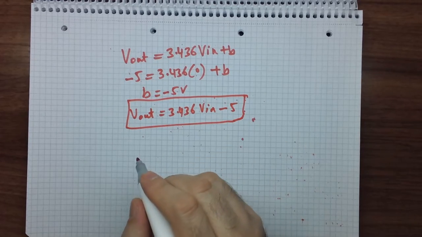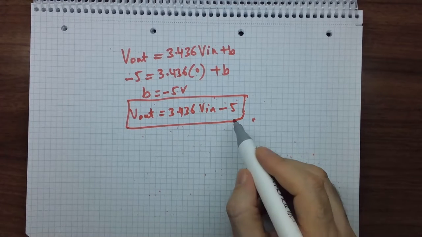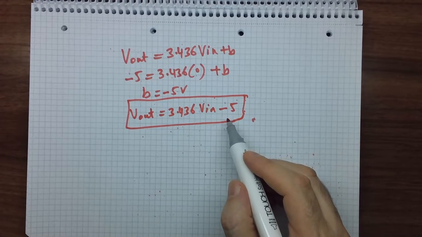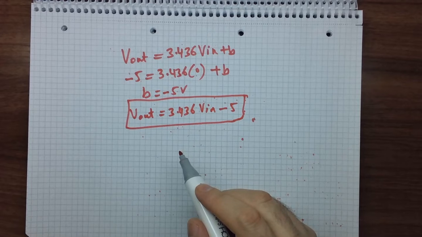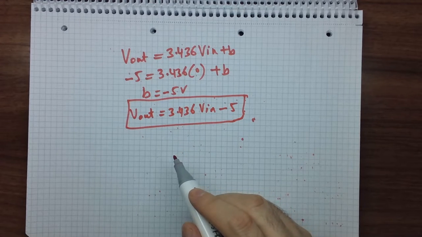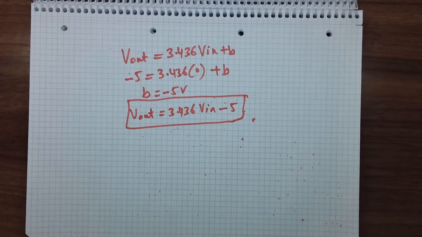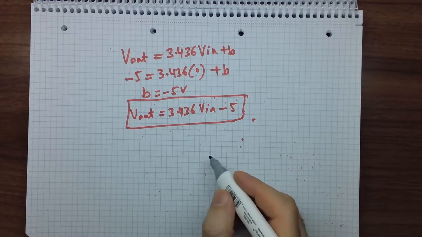We need to implement it, and because we have a minus sign here, we can implement it using a differential amplifier. So in this case, we can draw the differential amplifier like this.